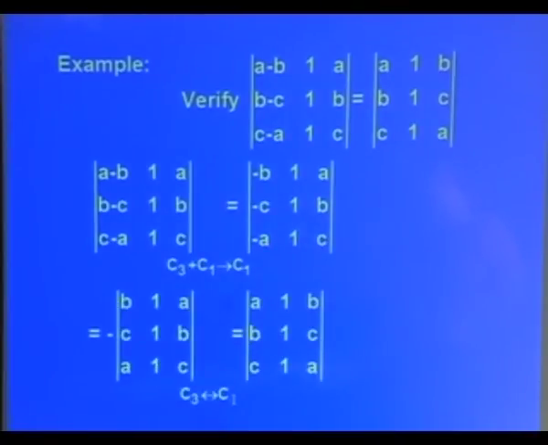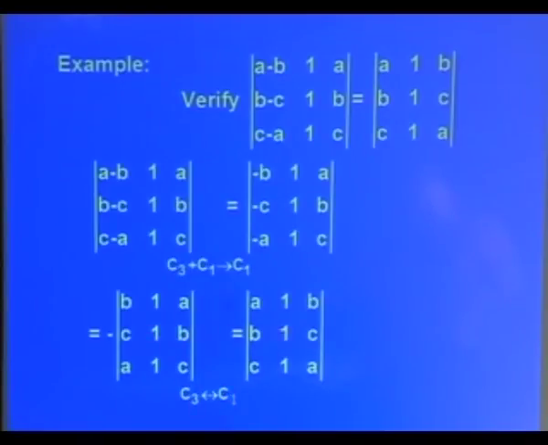Now, if you compare this matrix with our final objective, one can note that the columns are actually interchanged. So, to get the final result, we can interchange the columns C3 and C1. C3 becomes C1 and C1 becomes C3.